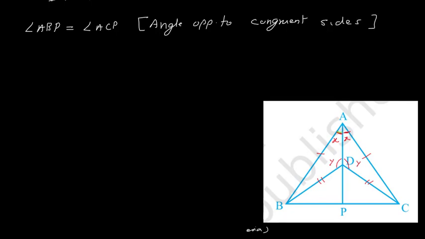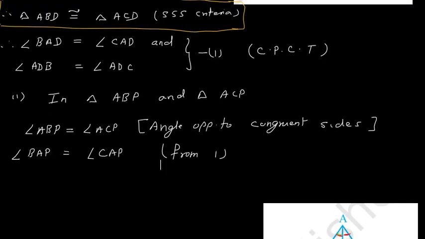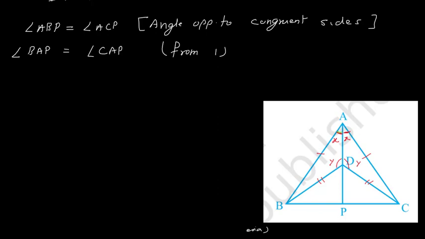Then we have angle BAP equal to angle CAP. This we have already proved in equation 1, so from equation 1. And lastly, side AP is equal to side AP. This is the common side.